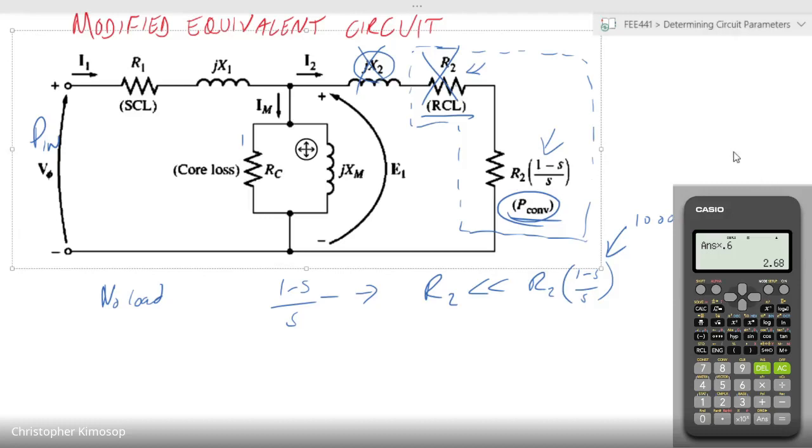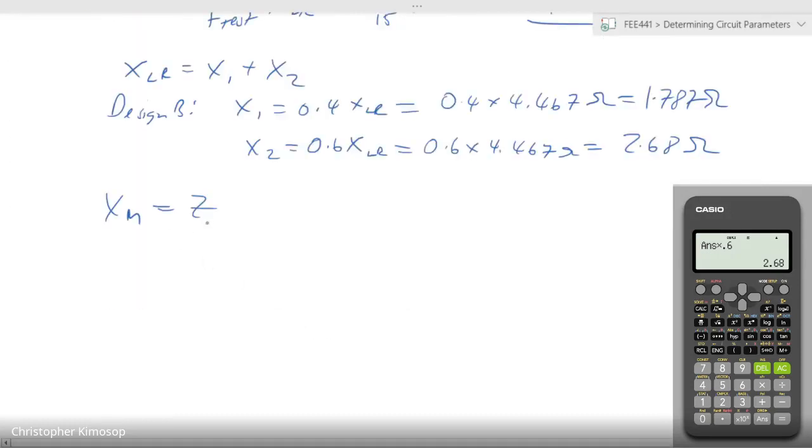So that would mean Z no load minus X1, right? Sorry, where was Z no load?